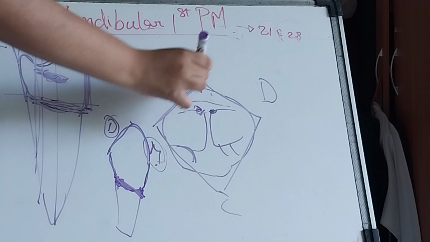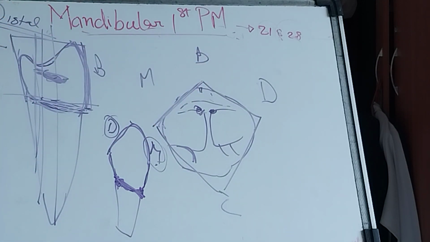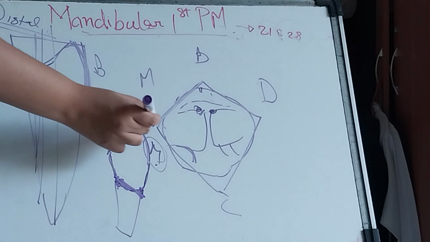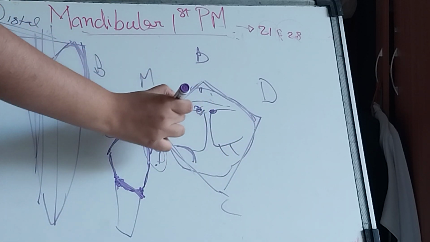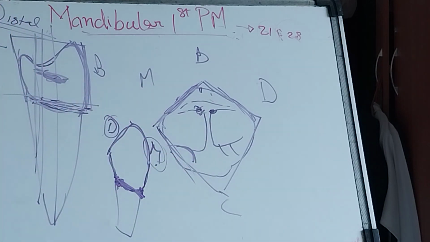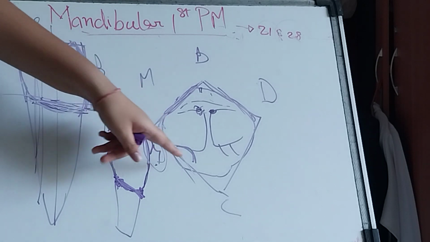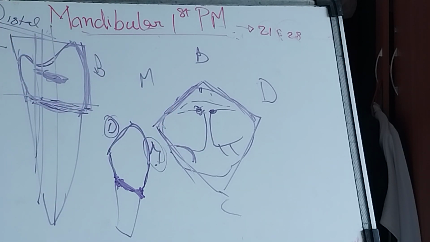The marginal ridges, these are the cusp ridges, but yes, the marginal ridges are well developed, mesial marginal and distal marginal. The lingual cusp is small, as we had seen in those aspects. The lingual cusp is smaller than the buccal cusp, so over here also the lingual cusp is smaller and it converges sharply to the center of the lingual surface.